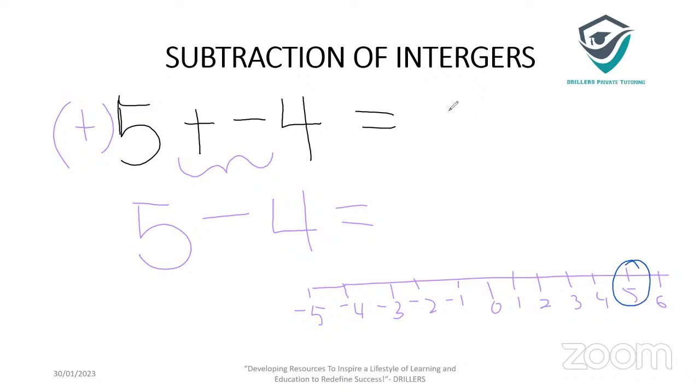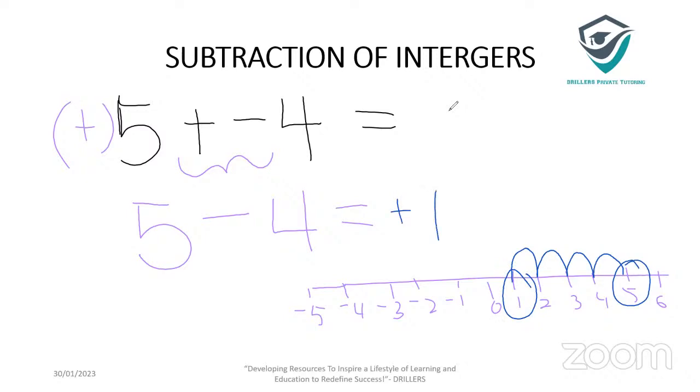Our operation tells us the direction we have to move in. So here I have subtract. Subtract tells us that we have to move to our left. If we are adding, we're going to move to our right. So if we're starting at +5 and we want to subtract 4, then I have to move 4 times to my left. So that's 1, 2, 3, 4. And I'm going to stop there. So my answer is +1.